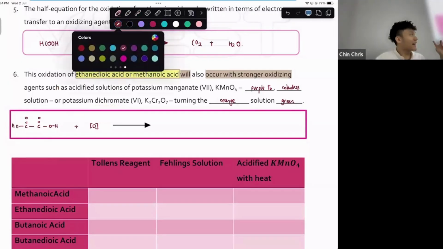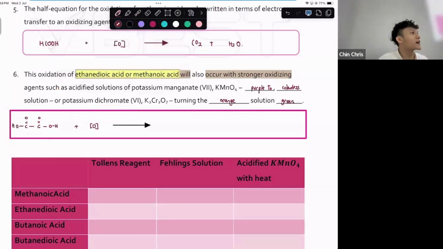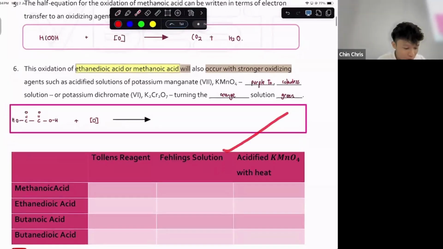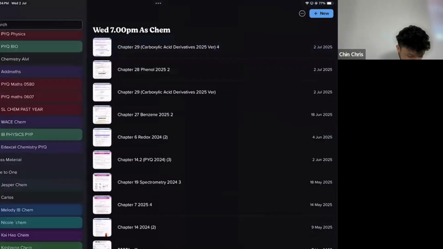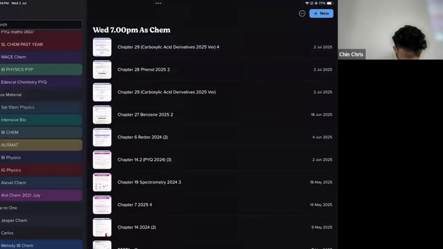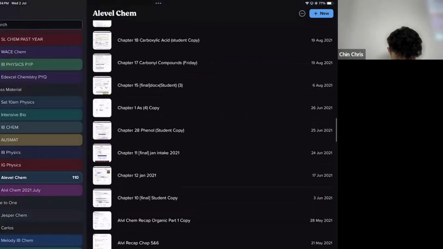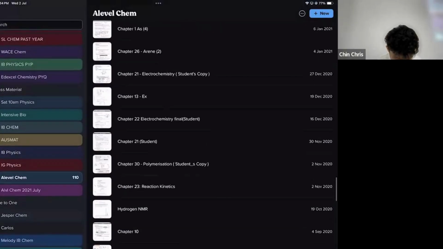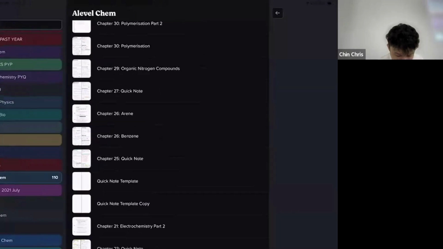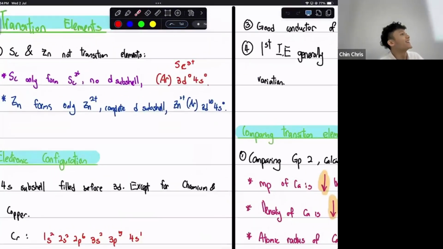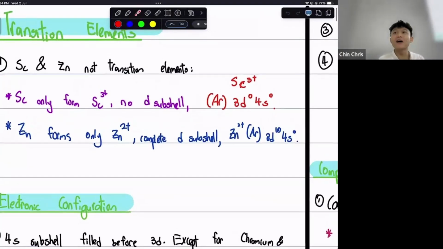I still keep some of the Gen 1 notes. Later I'll try and find them. I'll show you guys how lucky you are to copy anything. Your seniors were very sad, you know. I started teaching when I was about 18. Do you like your Gen 1 notes? You see how lucky you guys are?